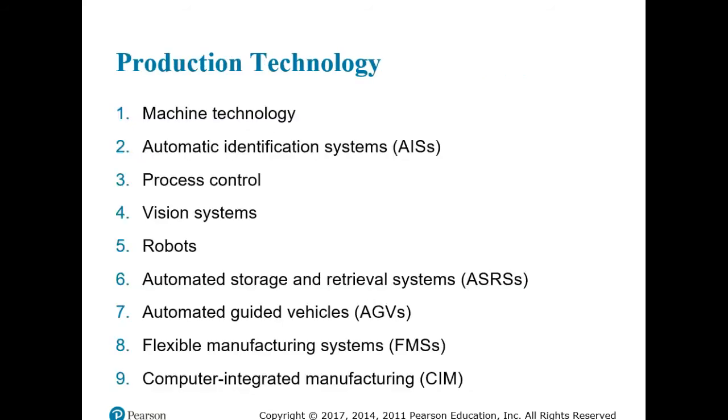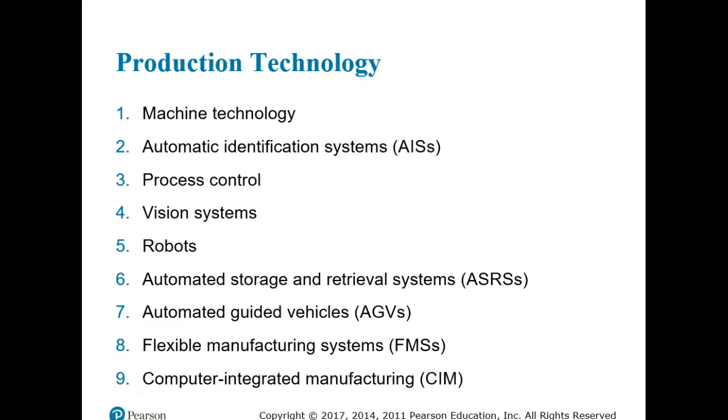Now, advancements in technology that enhance production and productivity are changing. And they change how things are designed, made, and serviced around the world. In this section, I'm going to introduce 9 areas of technology.